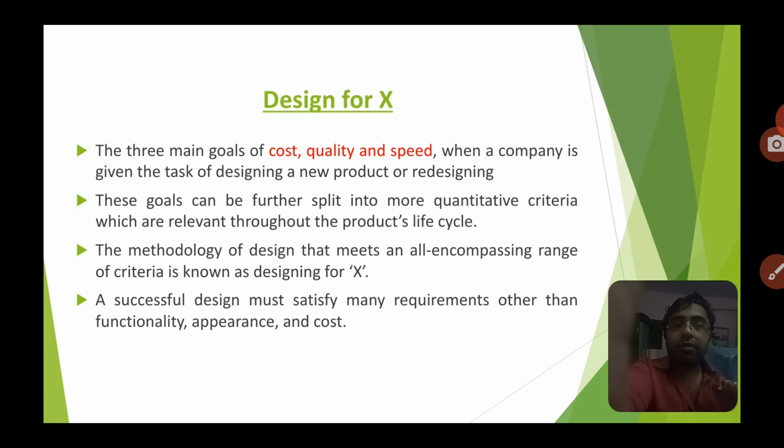Now the next one is about the cost. Cost is actually very important. See, if I like a phone because of its appearance and function, but suppose the cost is around 10,000 rupees, I won't buy it, because that amount is a little bit higher than what I expected.